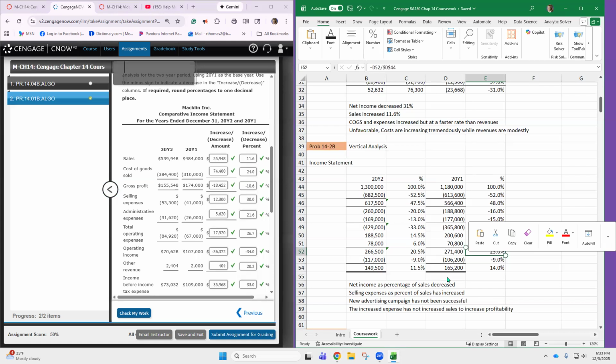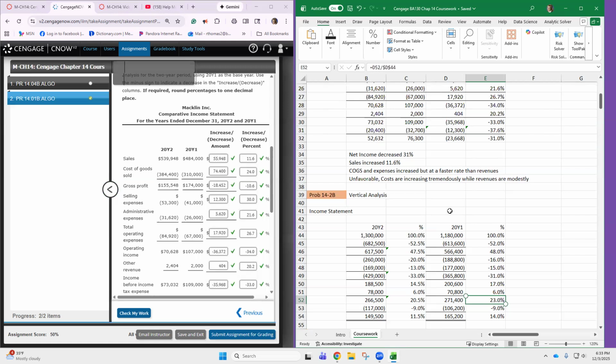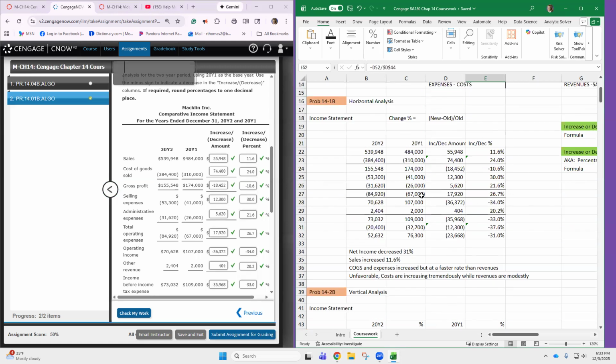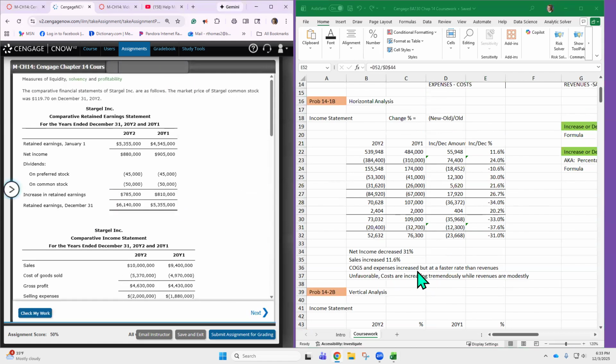I only have so much time, but I wanted you to see horizontal, and we're going to test you a little more on horizontal. Now let's go to this one. This is where the sheet I gave you should come in handy. I want everybody to notice that these are formulas.